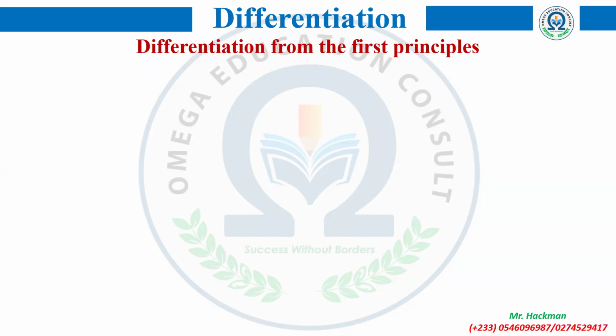So if I'm differentiating with respect to x, and my function is y, then indirectly I'm finding the rate of change of y with respect to x. I'm finding how y changes when x changes. That's the meaning of differentiation.